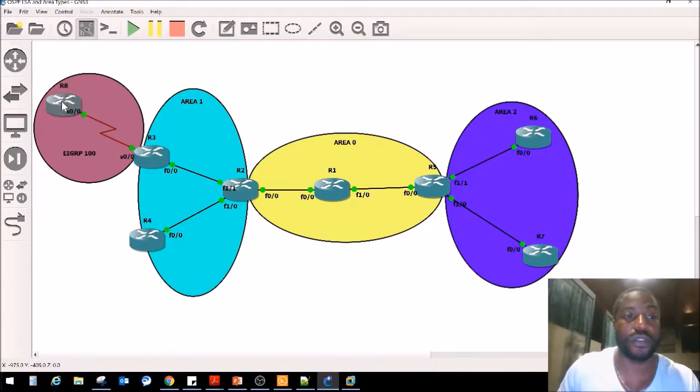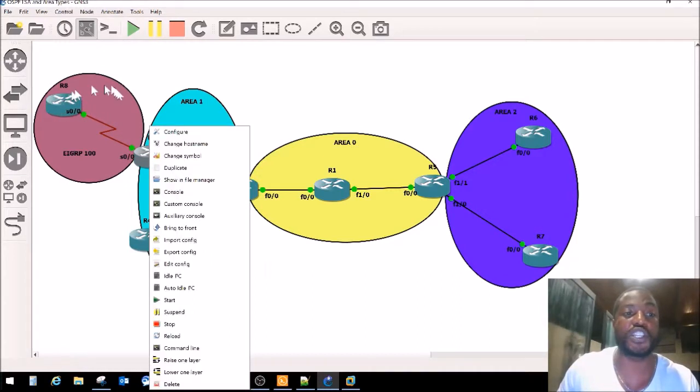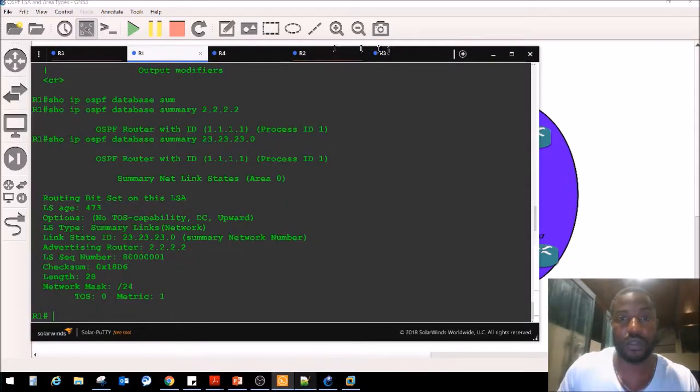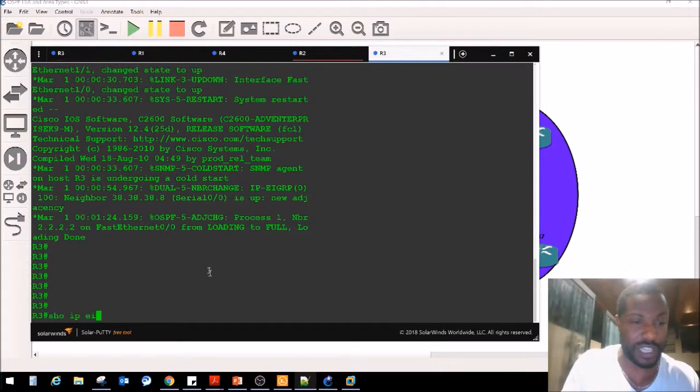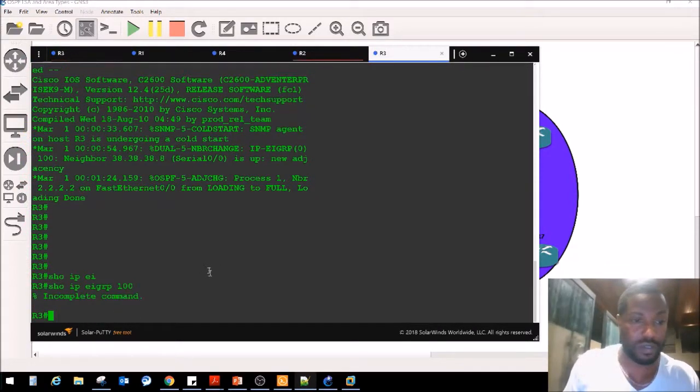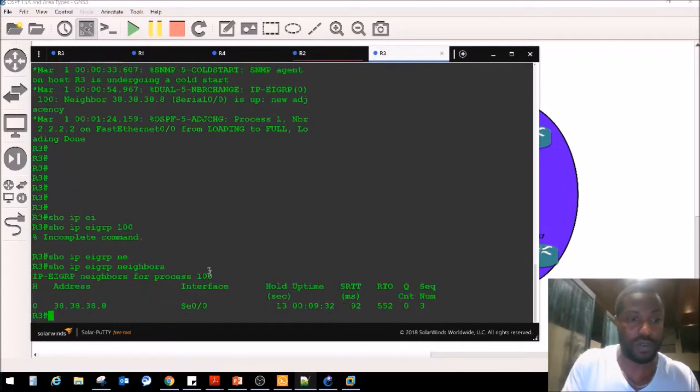Actually, yeah. So let's go ahead and go into router 3 and redistribute EIGRP routes. We're going to console in router 3. Let's do show IP EIGRP neighbors. We do have a neighbor.